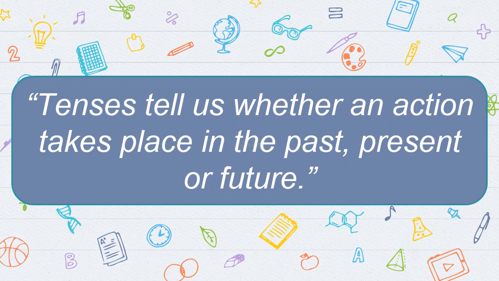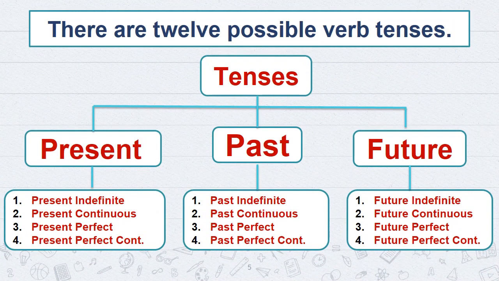The question arises, what are tenses? Tenses tell us whether an action takes place in the past, present, or future. There are 12 possible verb tenses. Basically, there are 3 tenses: present, past, future.